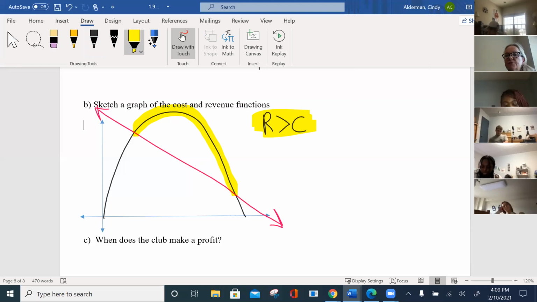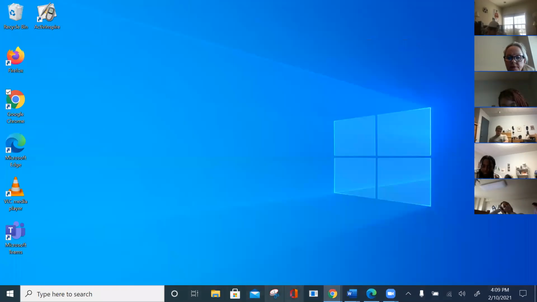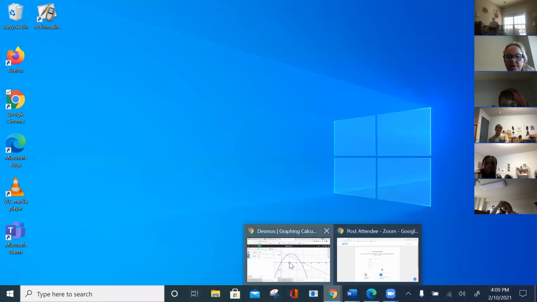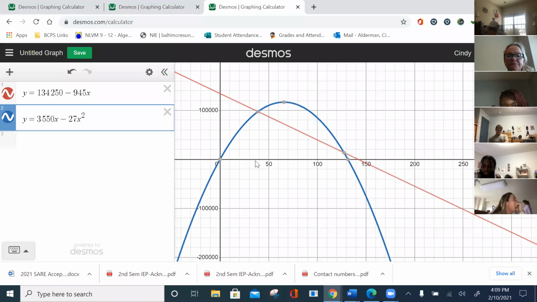So let's go to Desmos. And here's my graph. So this is the part where, let me make sure I'm graphing the same thing. Yeah, cost and, yeah, good. So this point right here is 39. Let's just round it to 39, right?